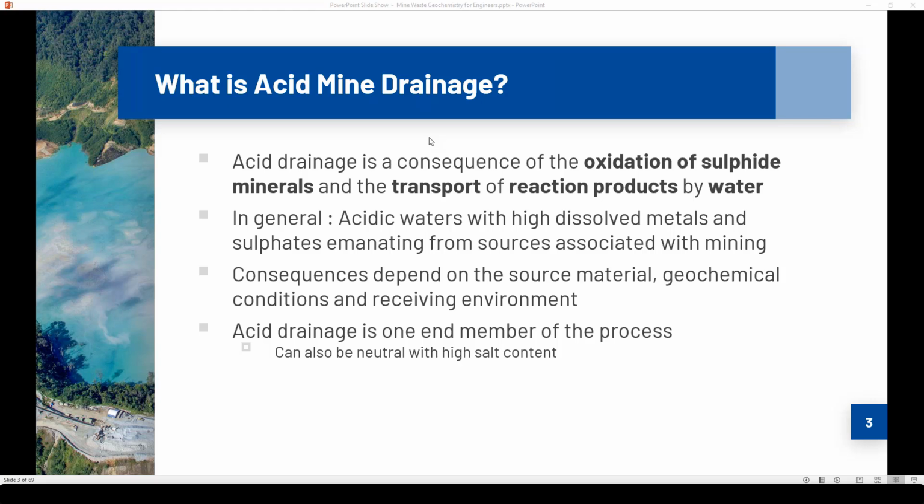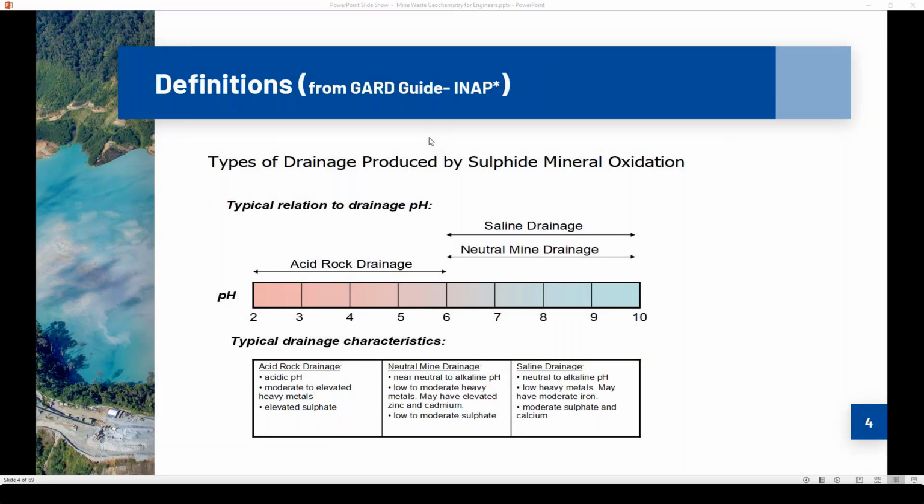Very important, acid drainage is only one end member of this entire process. What we often also see is neutral mine drainage, which can be associated with high salt content and other metals. But we'll get to those in a few future slides.